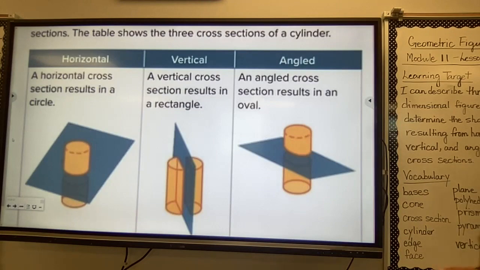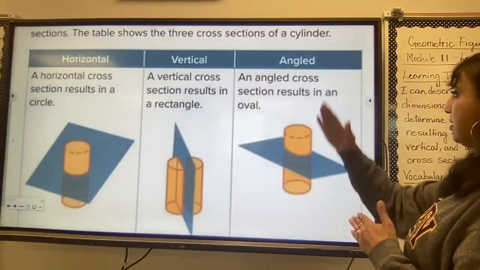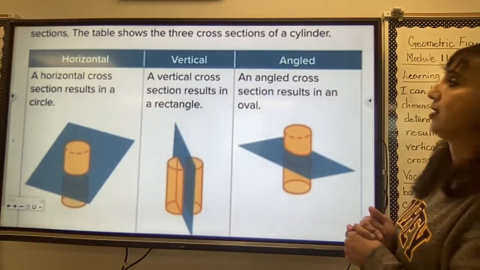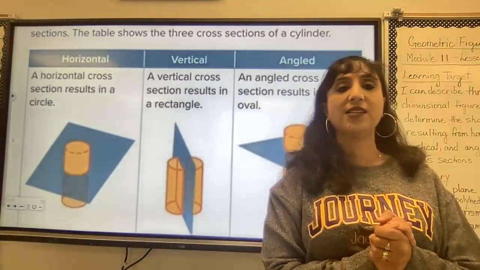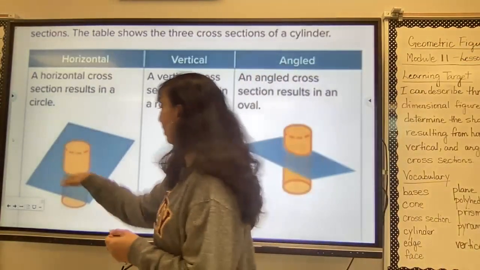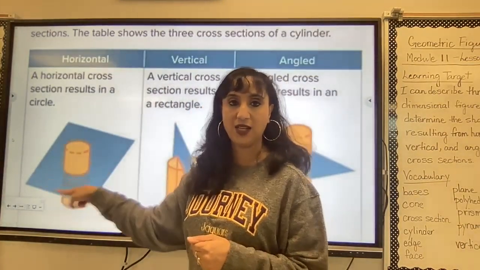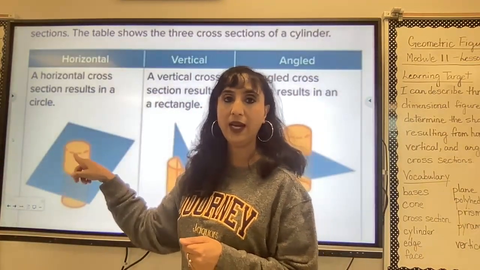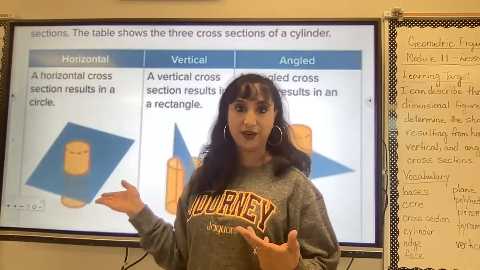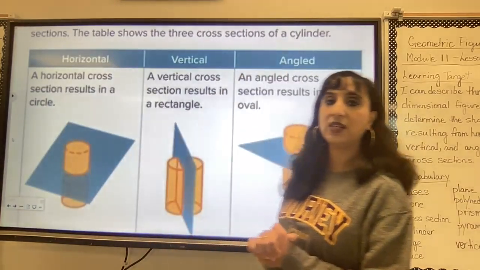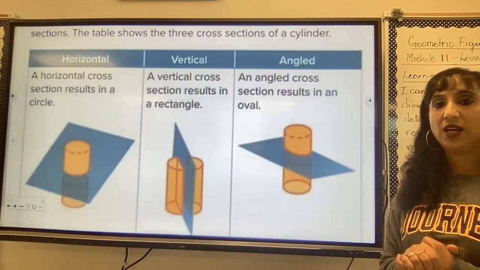Okay. So like this is the vertical and this is the angled. So as you can see, a horizontal cross section results in a circle in this case, because look, if I cut it, what's happening? You're getting a circular object. Do you see that? Okay, and this is for a cylinder. Okay, let's look at the vertical cross section in this one.